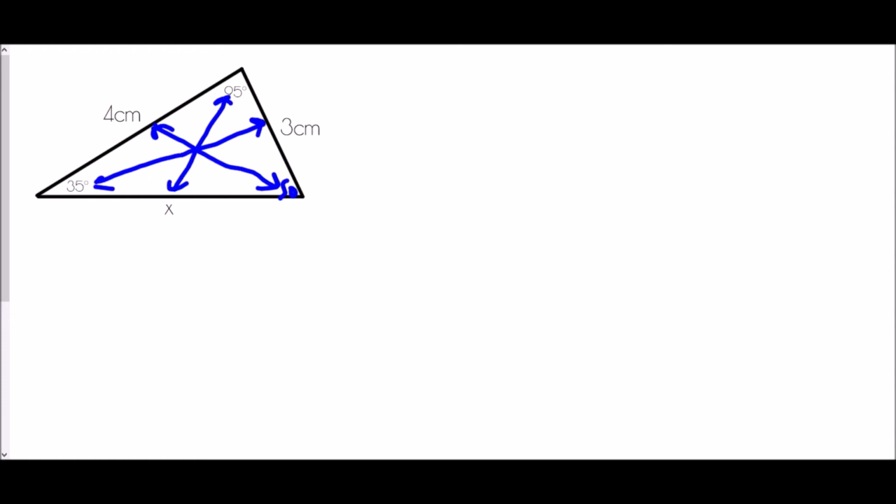We can use any of them. But what I would always suggest is trying to use the ones where you already had all of the information. And so in this case, we're going to limit what we're actually dealing with to A and little a, B and little b. We'll actually ignore the 4 centimetres for this time, because we only ever need one pair. And so this one is finding a side.